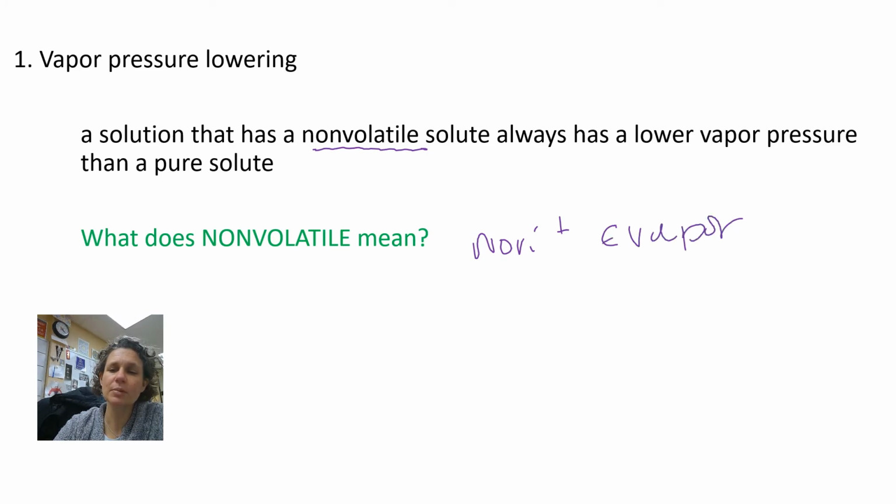I'm struggling with my pen. So that means something like salt, for instance. It will not evaporate, and it will actually keep that pure water, or whatever it is, from evaporating as quickly as it would if it were pure. So salt water versus pure water, the salt water will evaporate more slowly than the pure water.